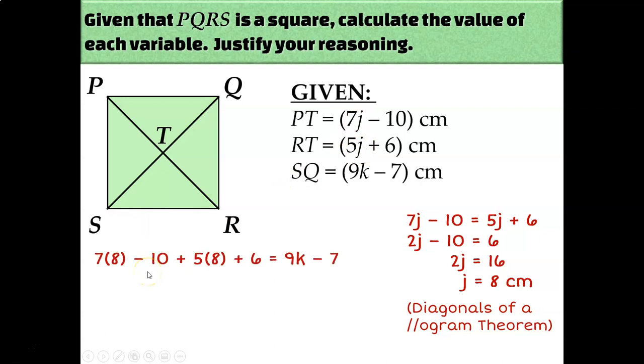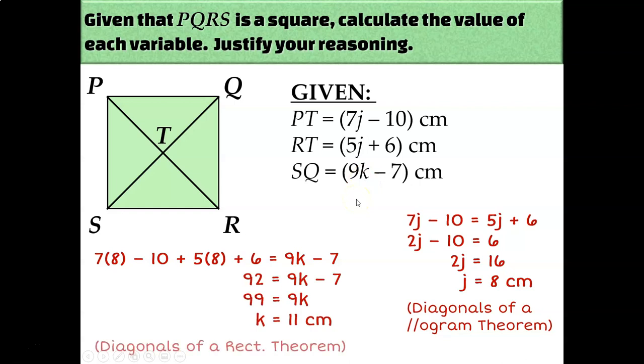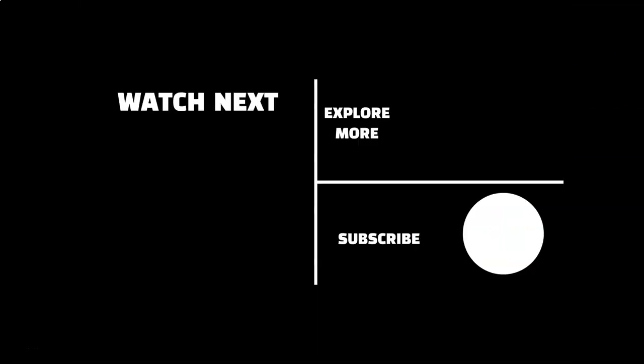So 7 times 8 minus 10 plus 5 times 8 plus 6 would give me the entire length of PR, and I can set that equal to 9k minus 7. So solve that all out, and we find out that k must be 11 centimeters because of the diagonals of a rectangle theorem. And that's all you need to know about squares and rhombuses and rectangles and parallelograms.